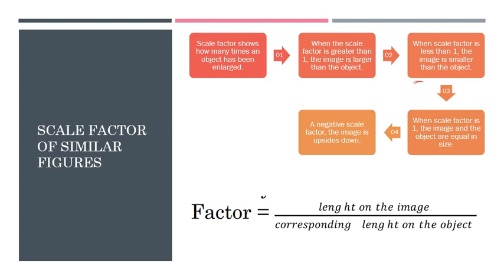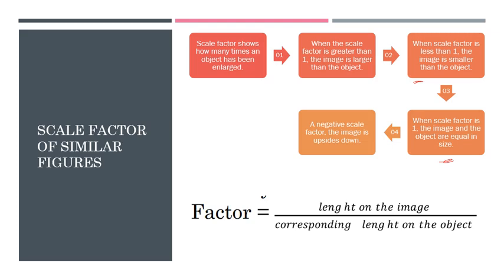Okay, and when you have a negative scale factor, the image imakhala kuti maitembenuza, it's upside down. And when the scale factor is 1, the image and the object imene mufuna muyikulitse zimakhala zofanana, zimakhala equal size.